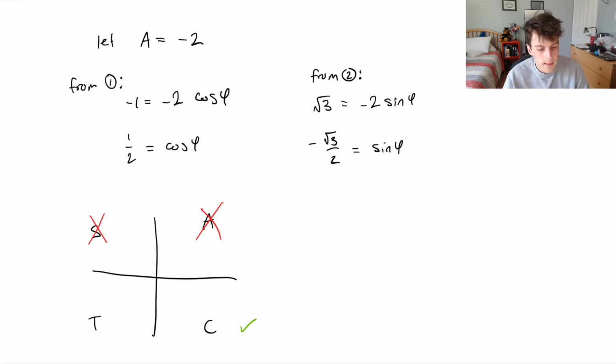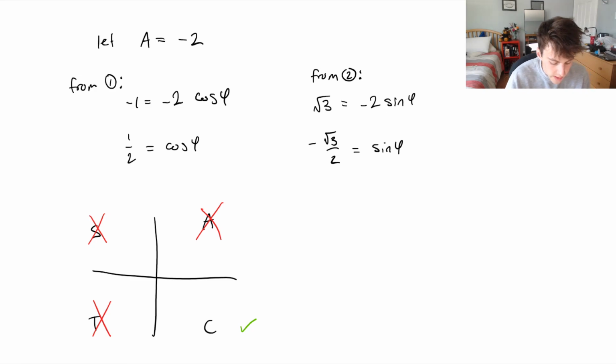And we also know that it's not going to be in the positive tangent quadrant, because if sine is negative and cosine is positive, well, tan is just sine over cos, so that's also going to be negative. That's one way to look at it. So we can tell now that it's going to be in quadrant 4.